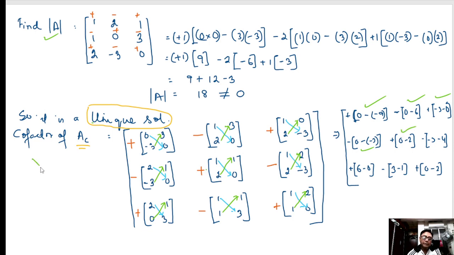Always these two multiplied first. Then you have to give a minus sign, and then these two multiplied. That is the rule. These two multiplied, give a minus sign, then these two multiplied. This is the logic.